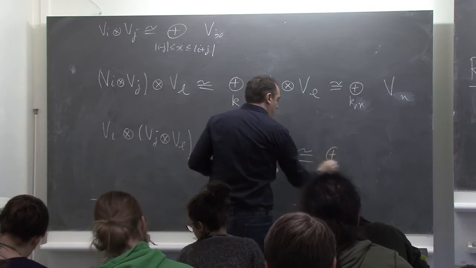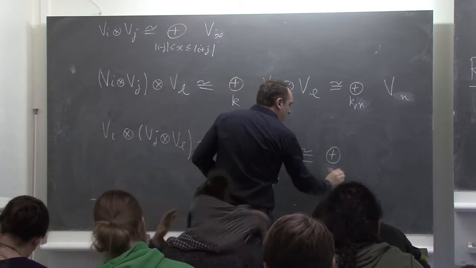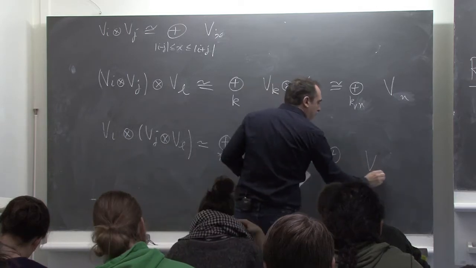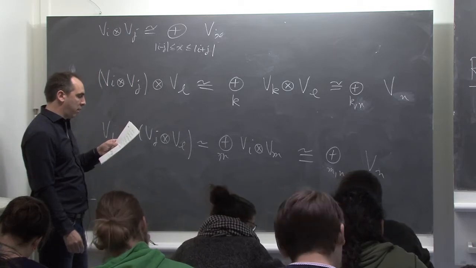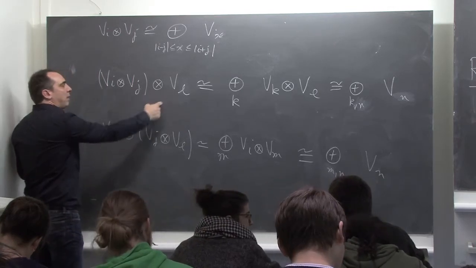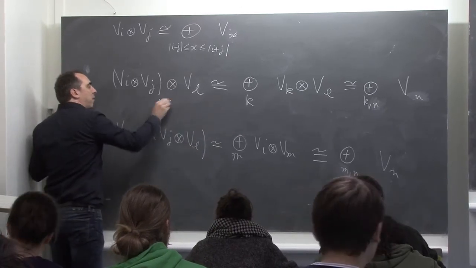And again, the sum of Km, Mn, Vn. Okay. And you know that these modules are isomorphic.